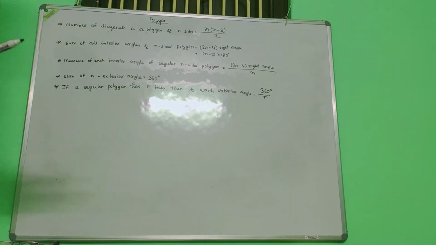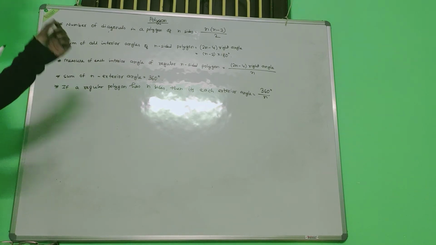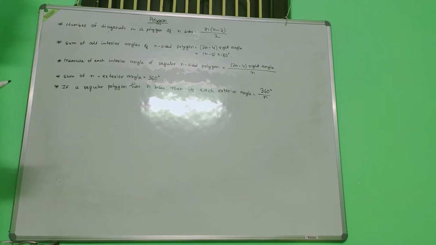Suppose there is a polygon which has n sides, and you have to find each exterior angle. Then what you have to do is divide 360 by n.